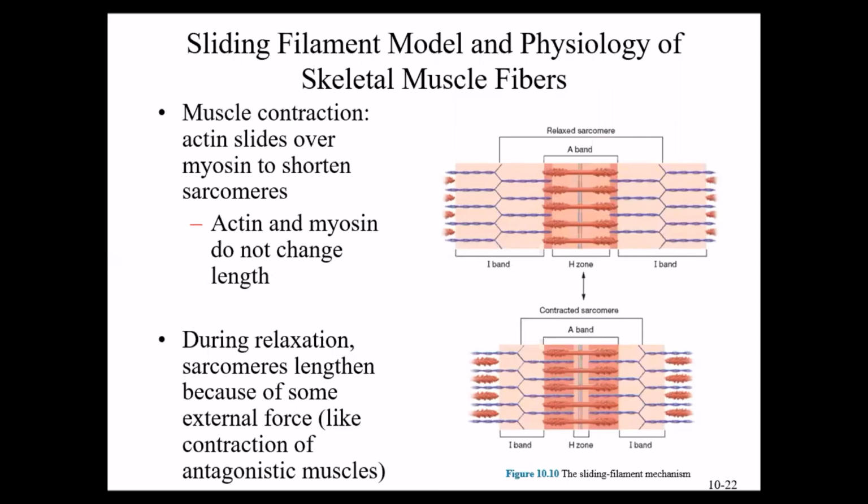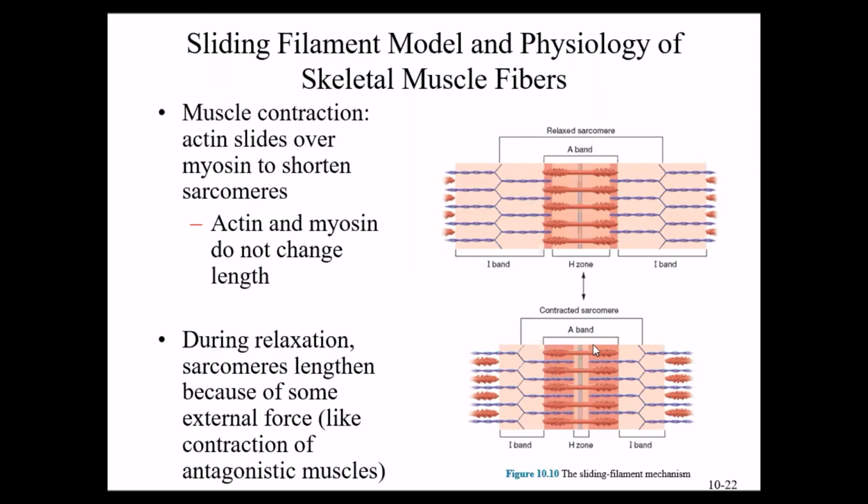The sliding filament model defines a muscle contraction as when the actin myofilaments slide over the myosin myofilaments, and that actually shortens the sarcomere. It's important to note that the proteins really aren't changing shape. The actin and the myosin are not changing shape or length, they're just moving closer together, and that makes the A band get smaller. So you have the same length of the actin and myosin, it just shortens the sarcomere.